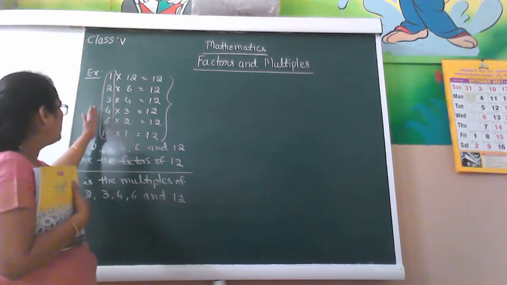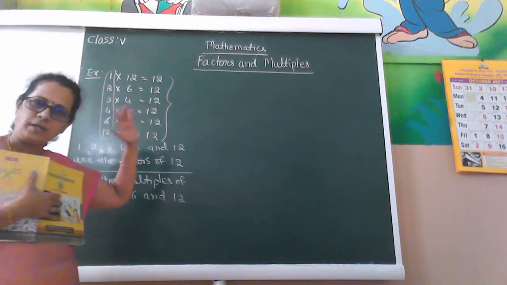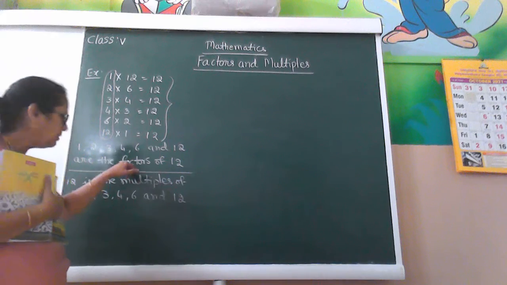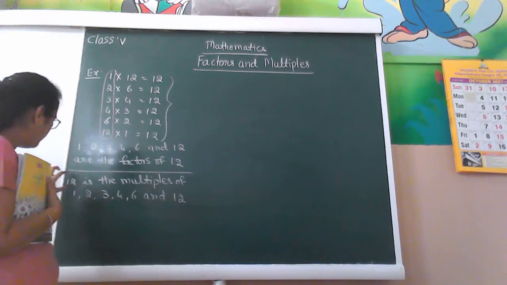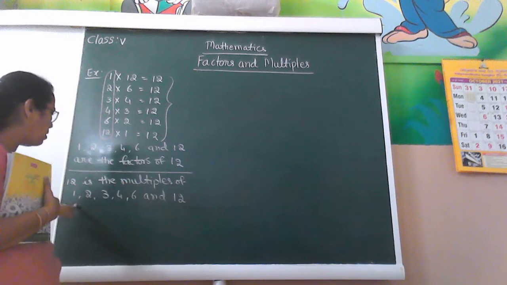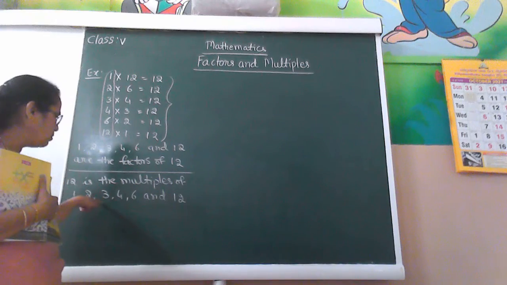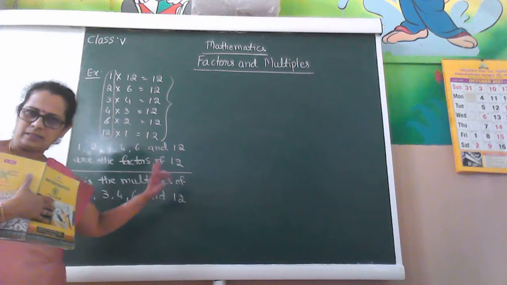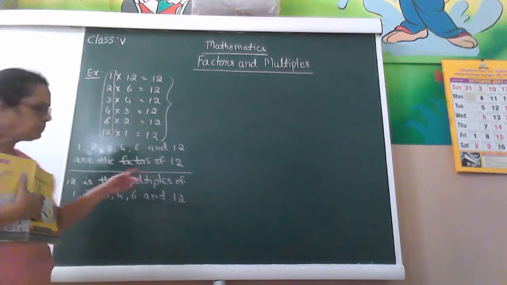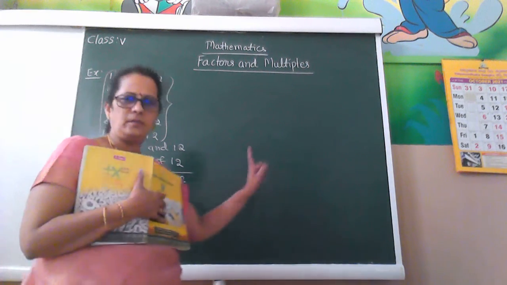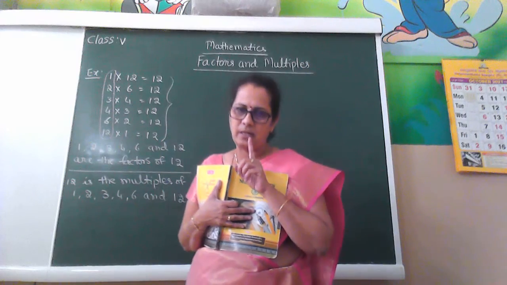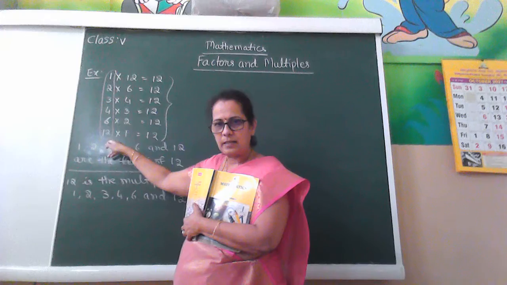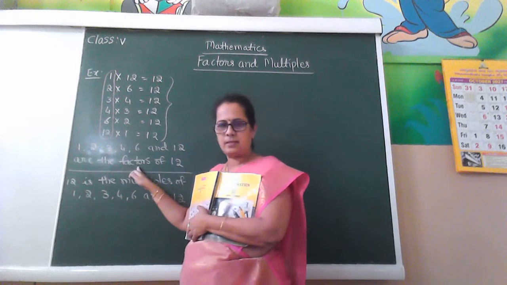When you multiply according to the table, you got the factors of 12. The answer 12 is the multiple of those 1, 2, 3, 4, 6 and 12. Okay, understood? That is the twist. This is factors, that is multiples. That is, in which tables 12 comes, those are the factors.